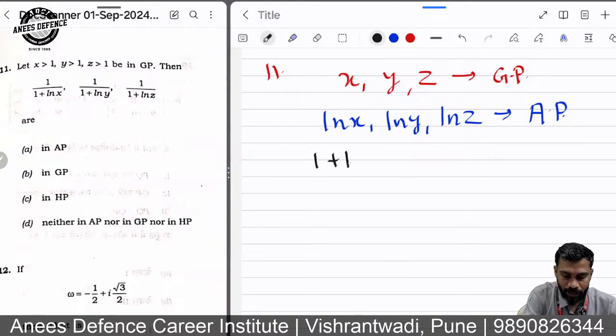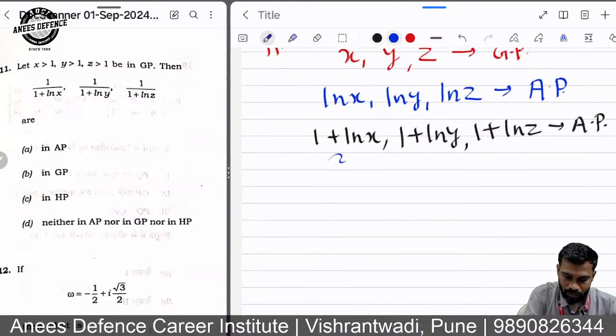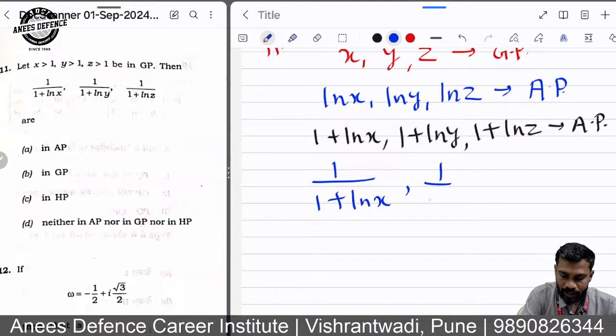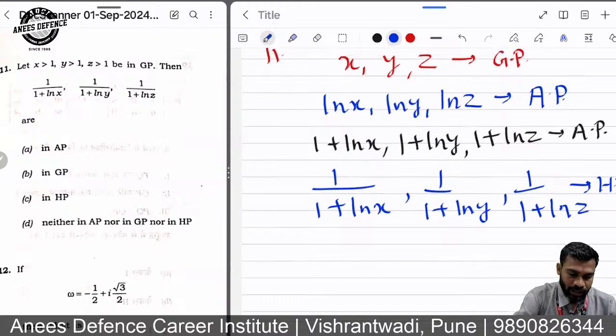So you will get 1 plus ln x, 1 plus ln y, 1 plus ln z will be in AP, right? Now, if you reciprocate each and every term, it will form an HP. So 1 upon (1 plus ln x), 1 upon (1 plus ln y), 1 upon (1 plus ln z) will be in HP. Yes or no? So option C is the right answer.